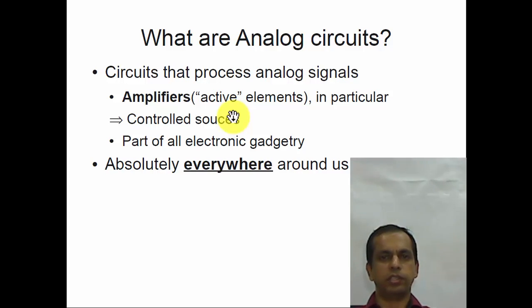So, it takes the sound from the microphone, amplifies it, that is, makes the value larger and places it on a loudspeaker. Now, I can also think of that as some sort of a control source, let us say a voltage controlled voltage source. It takes the voltage from the microphone and multiplies it by a certain number k and gives you an output voltage which is dependent on the input voltage. So, it is a dependent source or a control source.